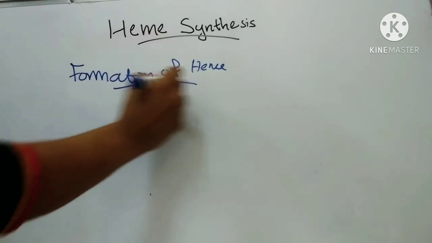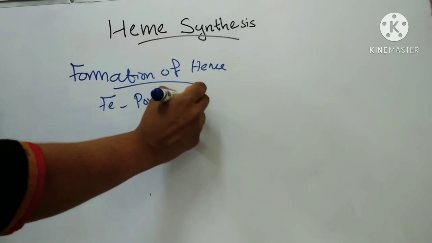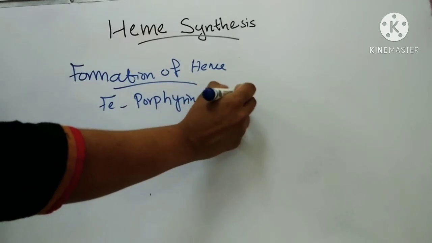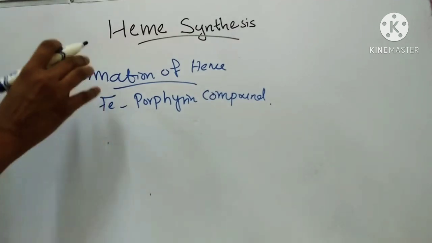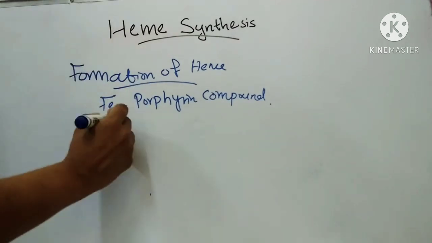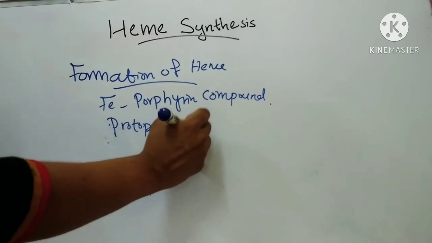Heme is an iron porphyrin compound. So it is the insertion of an atom of iron into the central position of protoporphyrin ion.